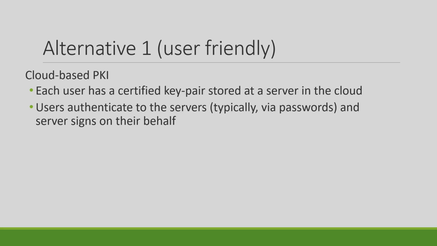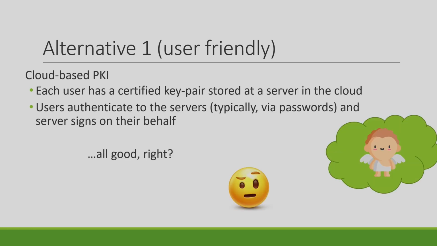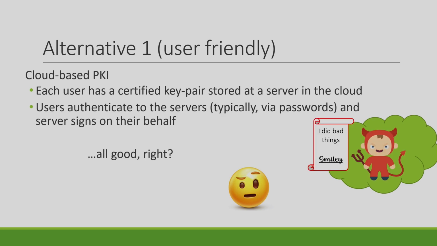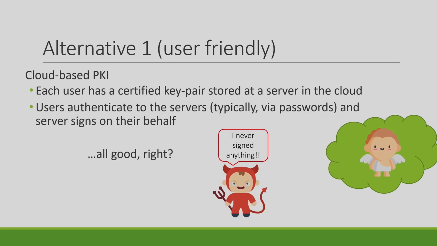Of course, this is a very convenient method, and it has many pluses, but it also has a few minuses. You need to place a lot of trust in this server in the cloud, as the server may eventually decide to sign things that you didn't really want to sign. On top of this, the server, if it is honest, has to be protected from malicious users who could claim that some message has been signed by the server without their consent.